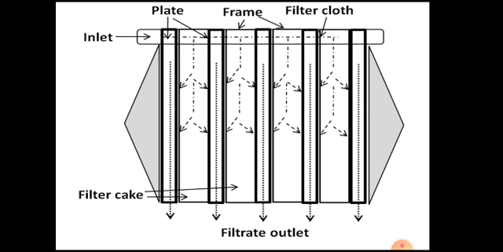And once the frames are filled with the filter cake, the plate frame network is dismantled, cleaned, and then reassembled, which will then be ready for the next batch filtration. That is why it is called a batch filter.